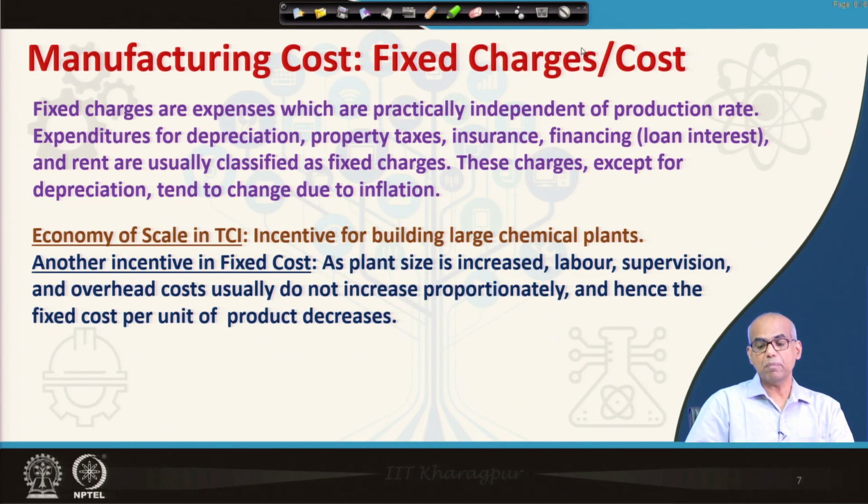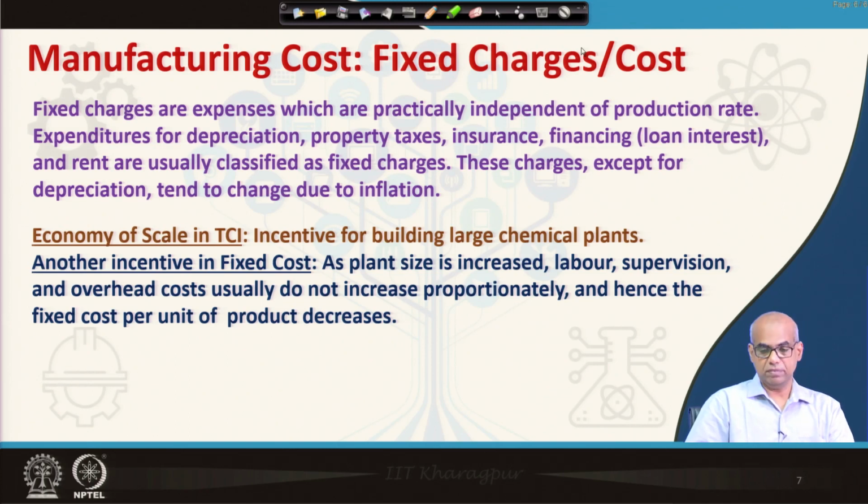We have seen in previous classes that there is something called economy of scale in total capital investment. So, building large chemical plants is favored compared to small scale plants, because you have economy in total capital investment.